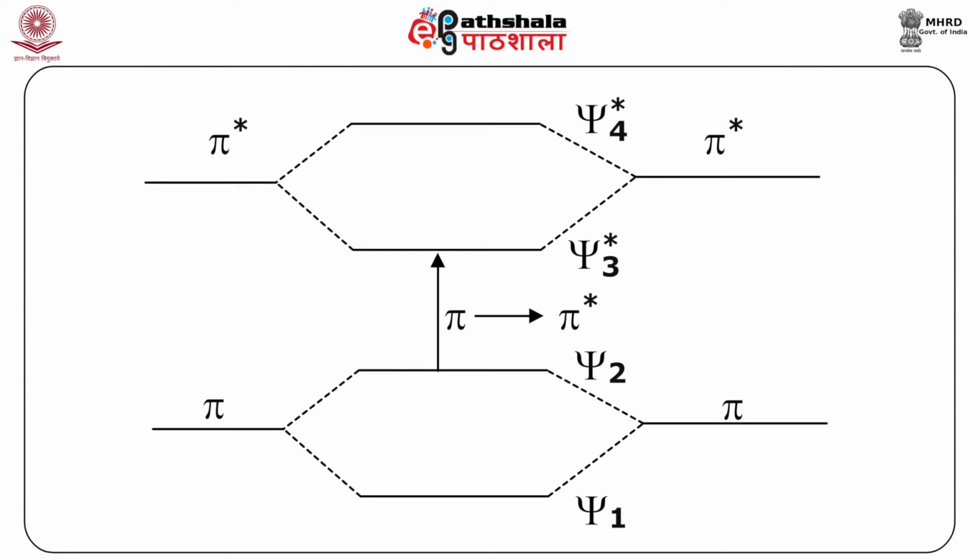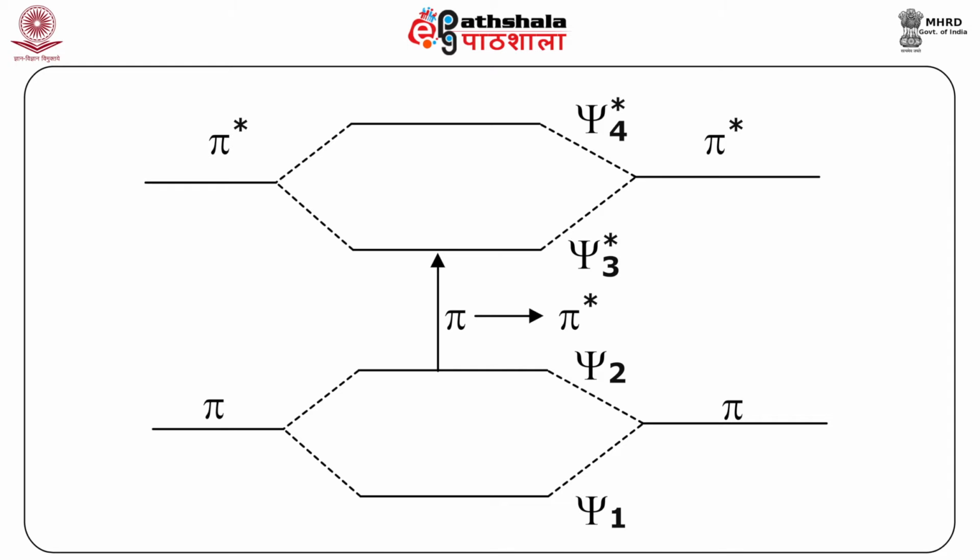Now, considering the case of a simple alkene, that is ethylene, we have only two molecular orbitals. One is the ground state pi bonding orbital and the other is the excited state pi star anti-bonding orbital.